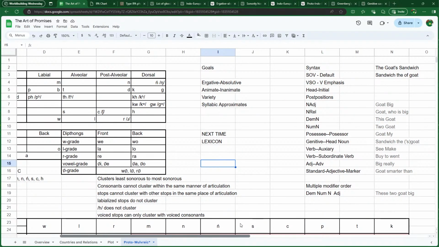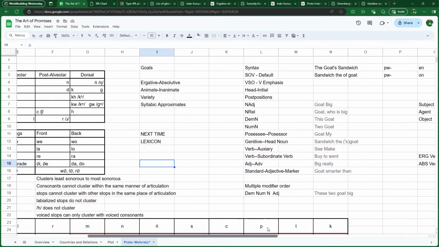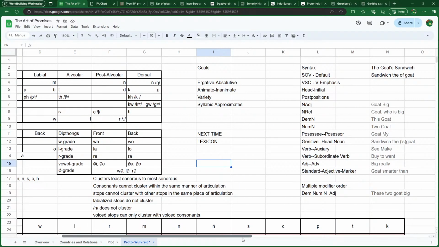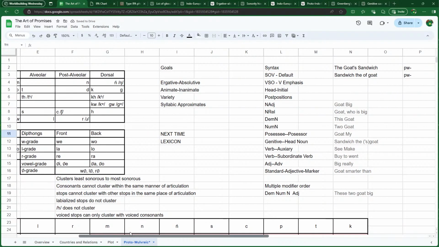So, hmm. Now we've got... Oh, I need to change these to vowel front, vowel back. Now we've got an extra case that we need.